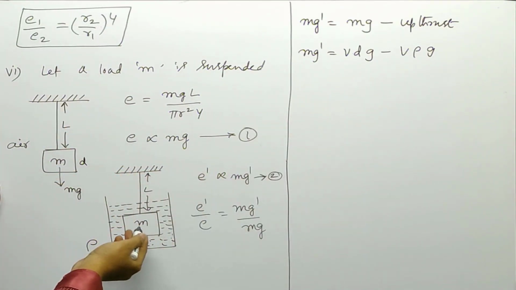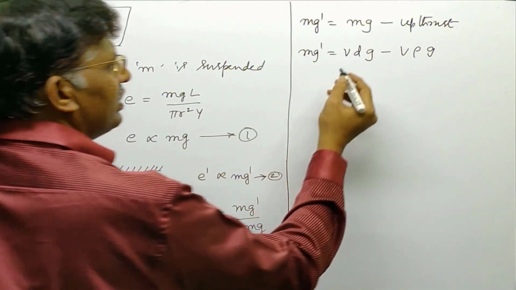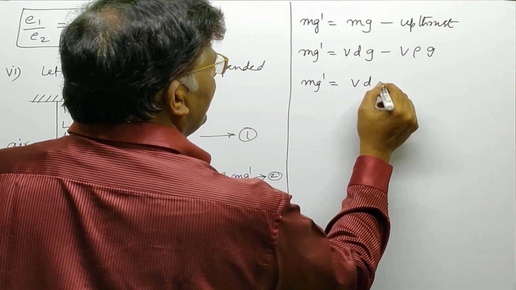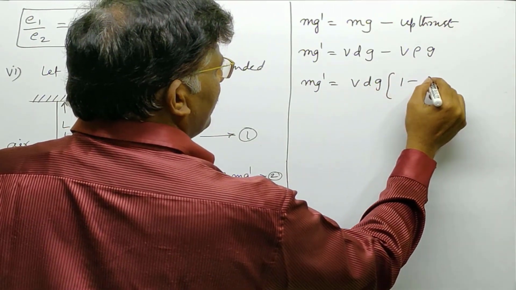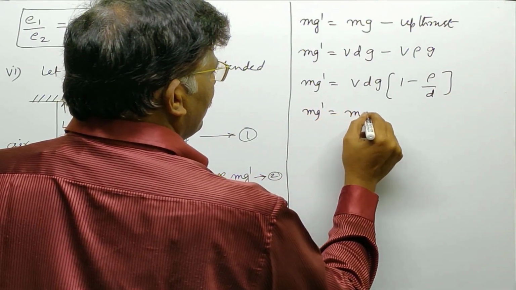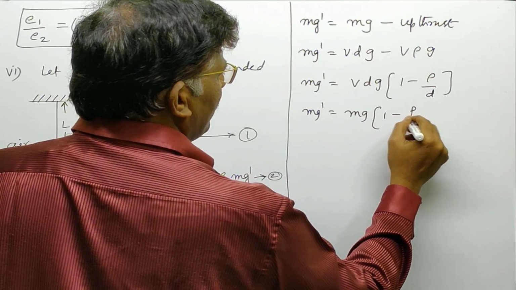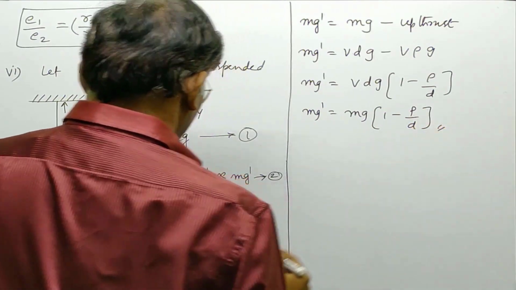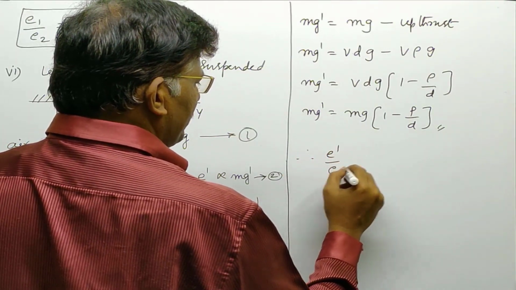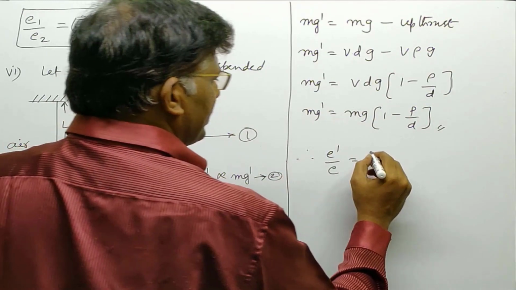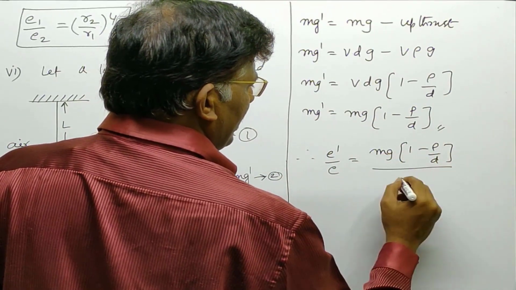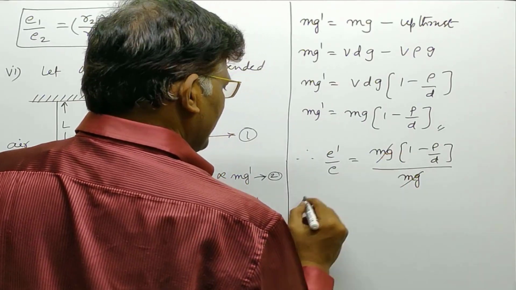where rho is the density of the liquid in which the body of mass m is immersed. Or mg dash is equal to, see here, v d g is taken as common, 1 minus rho divided by d. So v d g is equal to mg into 1 minus rho divided by d. Therefore E dash by E is equal to mg into (1 minus rho by d) divided by mg, mg cancels.